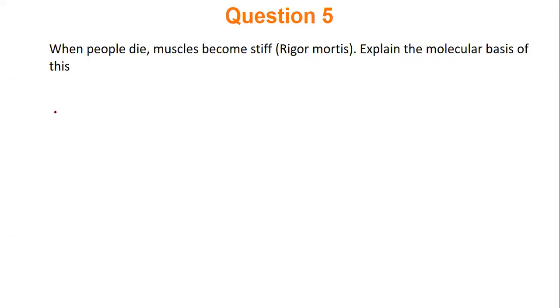So when you die, a lot of things will happen, but one thing that will happen to you is that eventually your calcium will just start to leak out of like your neurons, and your troponin and tropomyosin will no longer be bound.